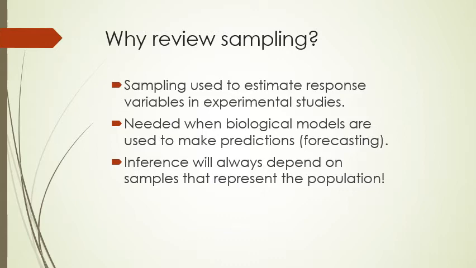We have a model that incorporates maybe precipitation, temperature, soils, and so on. And then we forecast there's going to be so many billions of bushels of wheat produced this year. And as I, again, also mentioned, the inference we make from an experimental treatment will depend on the samples that represent the population.